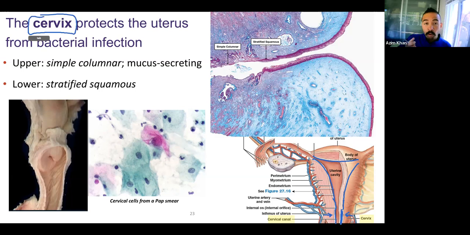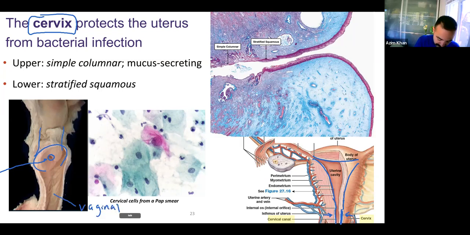The neck-like portion of the uterus is called the cervix. We're transitioning out to the vagina. So the cervix, which you can also see the opening of right here, and down here we have the vagina, or the vaginal canal, really. And up here we have the uterus.